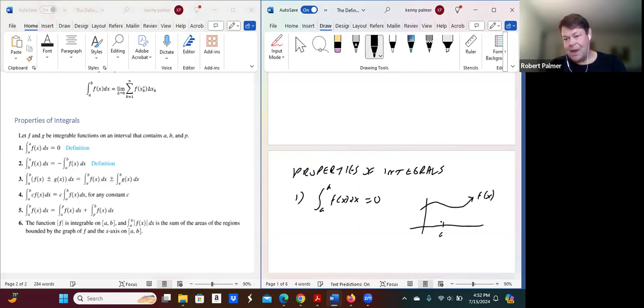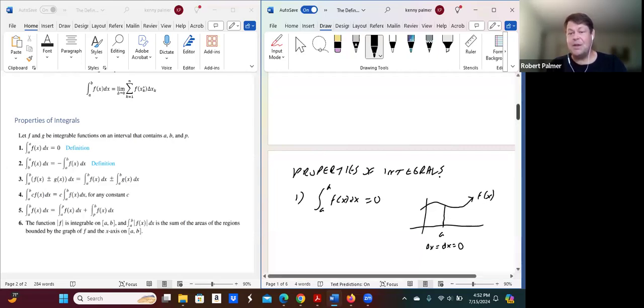And if I'm just here at a, all I have is this little line. So remember, the width of that rectangle is 0. So here, my delta x, which is my dx, is basically 0. There's no width to that rectangle, so the area under that is 0.